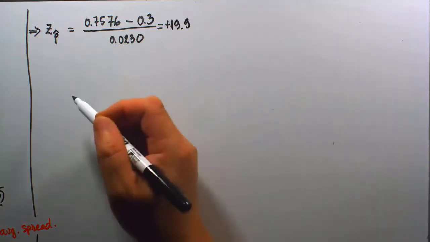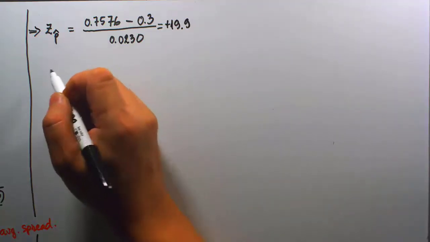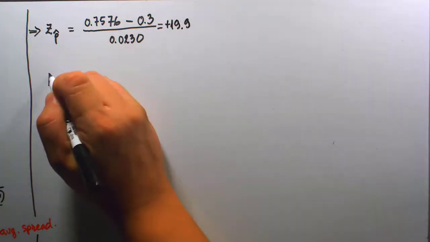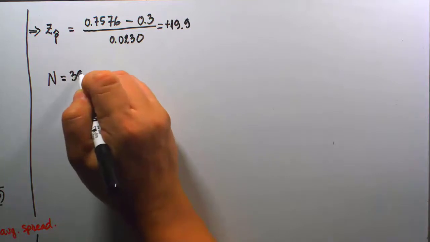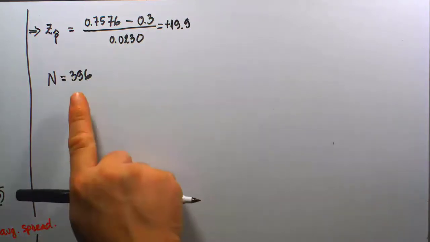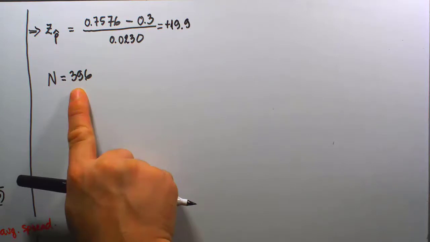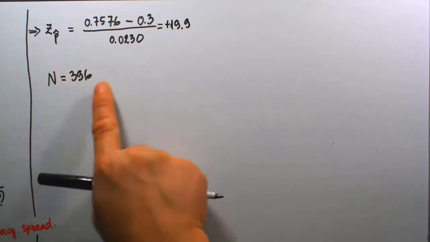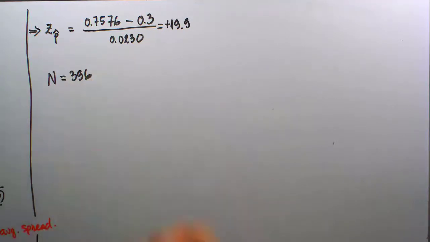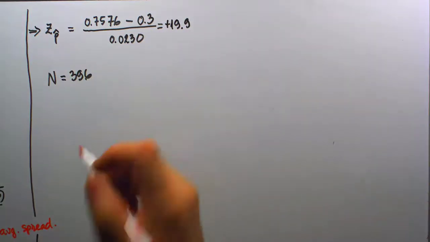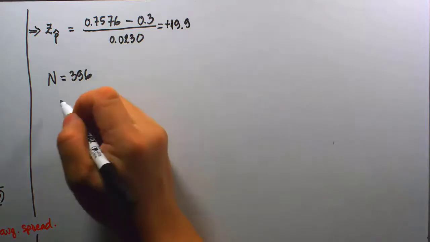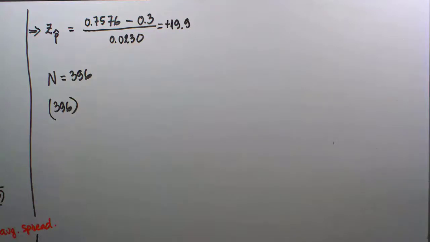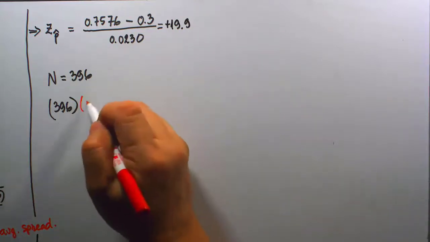Now, on the other hand, our sample is one sample among all the samples of size 396 each. In other words, our sample is currently at sample size 396. So with this sample size that we are currently using, I am going to multiply my sample size 396 with 0.3.